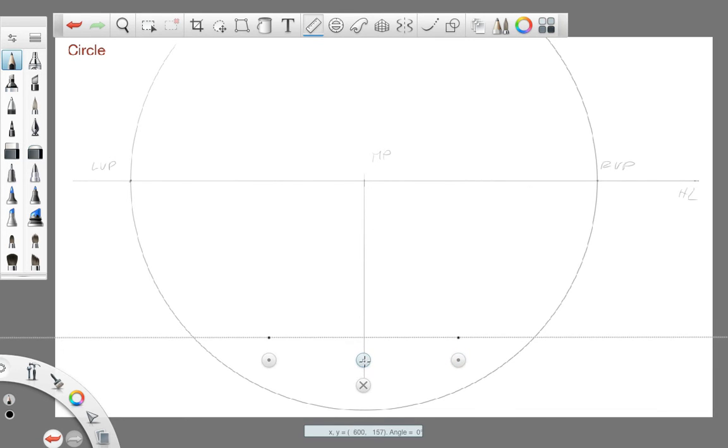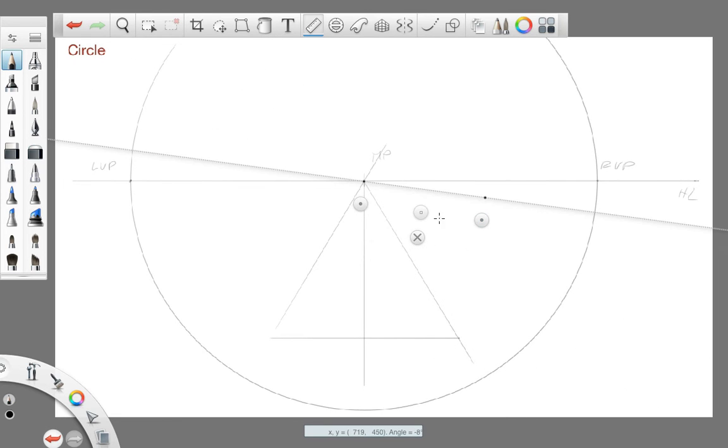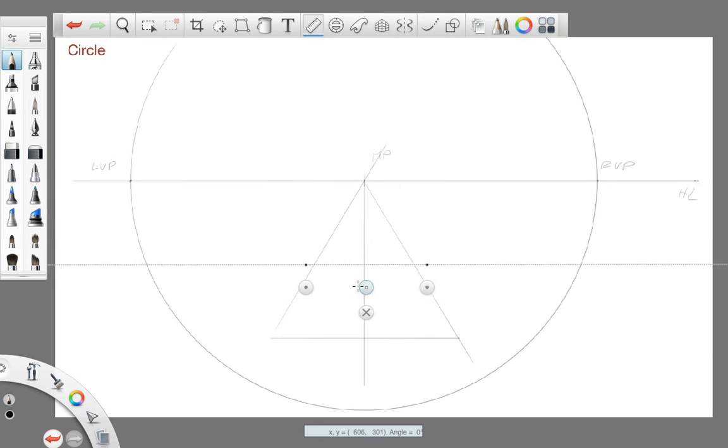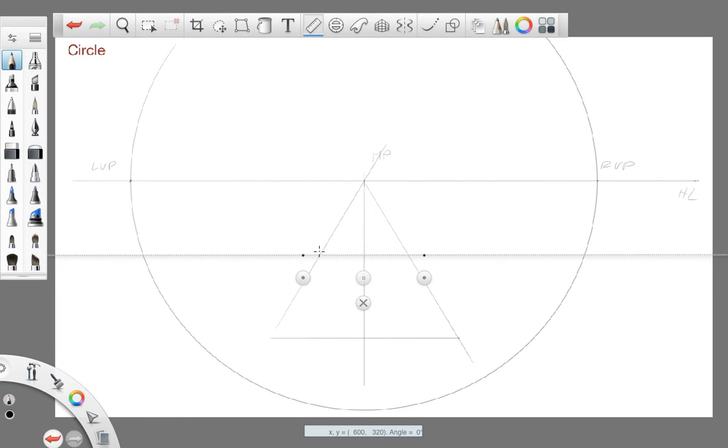There. Okay, so from there to there and there. So this will be a 1-point perspective rectangle. There, and now we have to judge quickly the distance. And I think maybe this might be it.